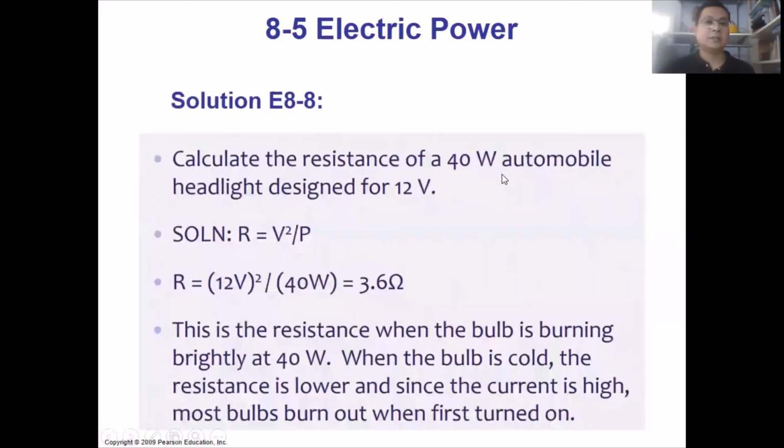So we calculate the resistance first: resistance is V squared over P, because we have P and the potential. This is the resistance when the bulb is burning bright at 40 watt. When the bulb is cold, the resistance is lower, and since the current is high, most bulbs burn out at the first turn on.